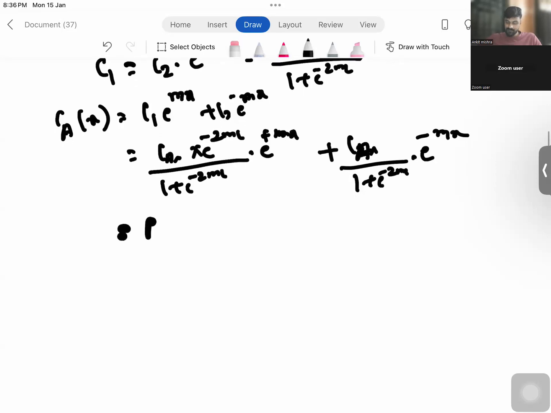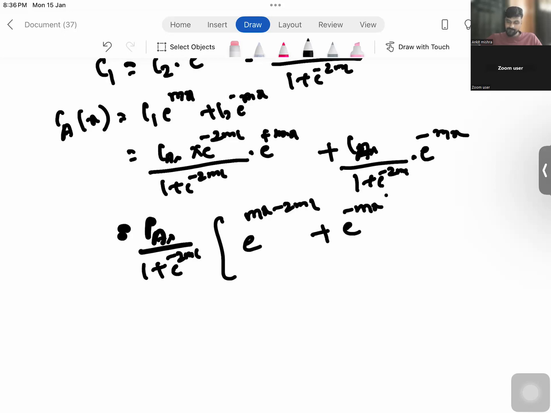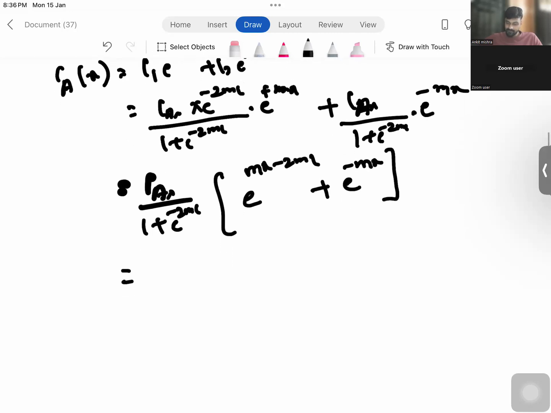So finally, you can get CAS divided by 1 plus e to the power minus 2ml common. So you can get e to the power mx minus 2ml plus e to the power minus mx. If you rearrange this particular thing, you can get CAS into, obviously, you can rearrange these things like that.